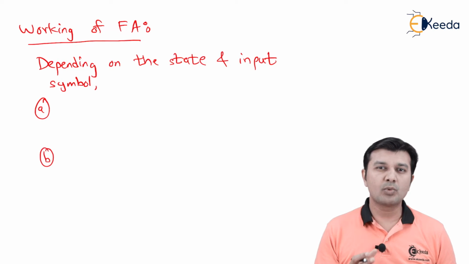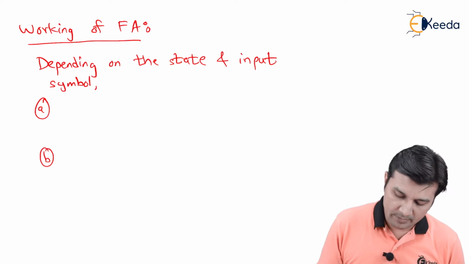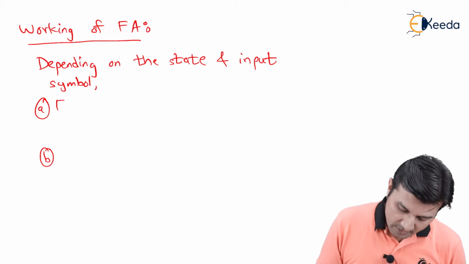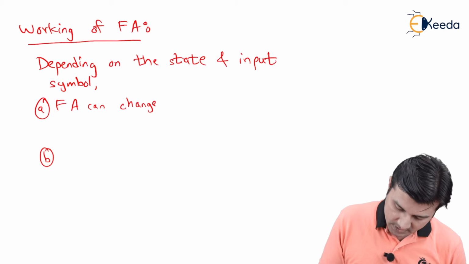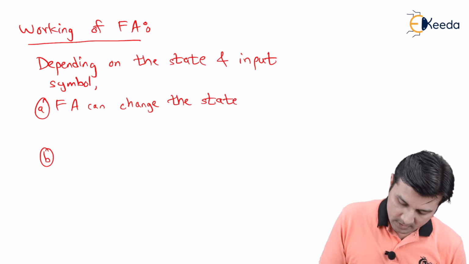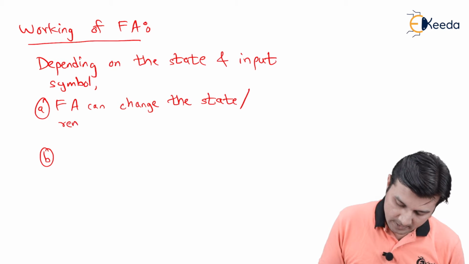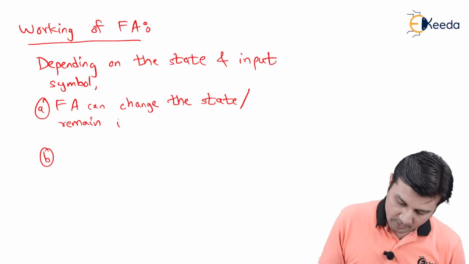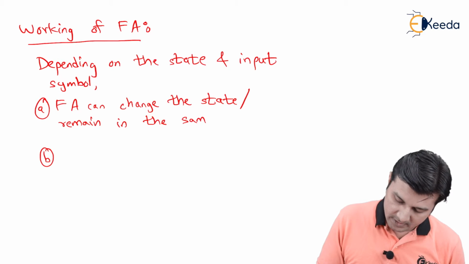This is exactly what was observed in the behavior of FSM also. So without describing it further, I write, depending on the state and the input symbol, my finite automata can change the state or it can remain in the same state.